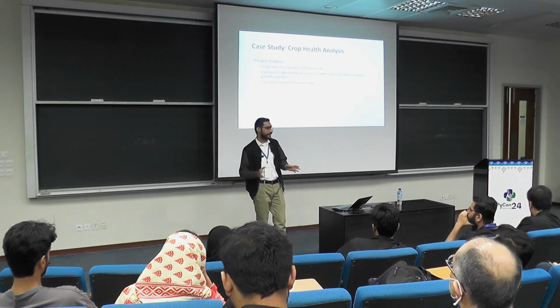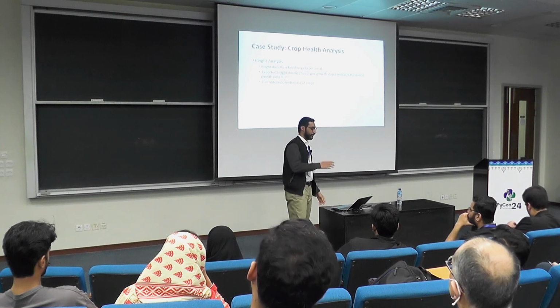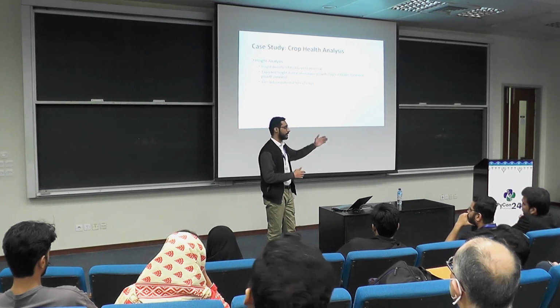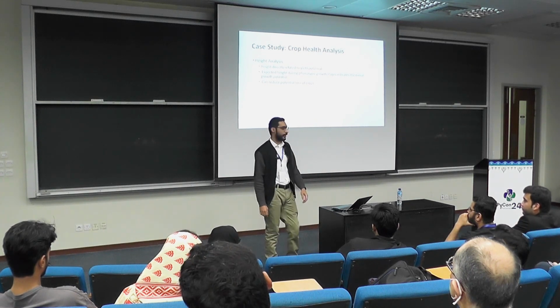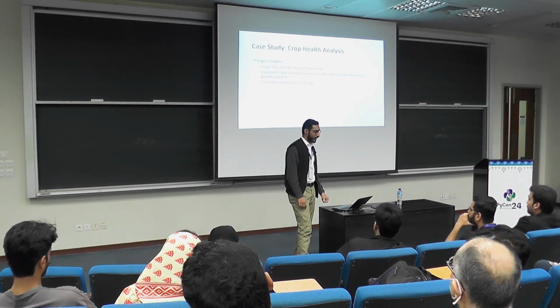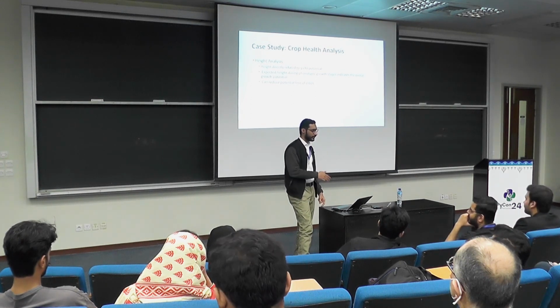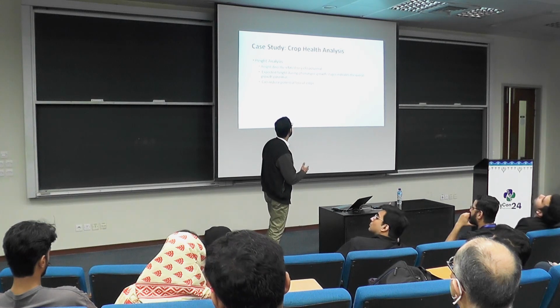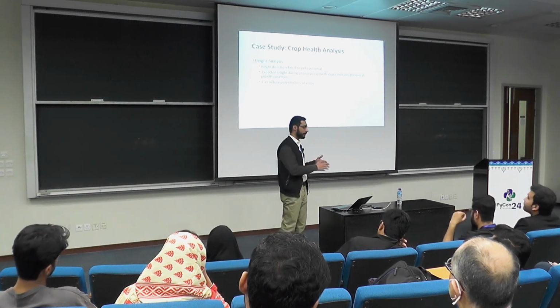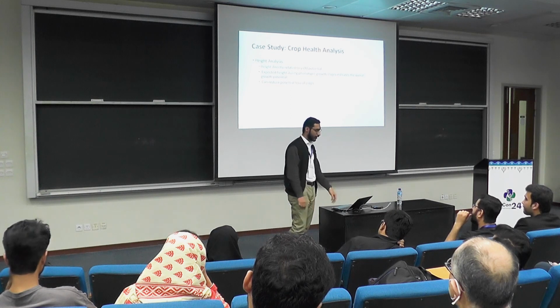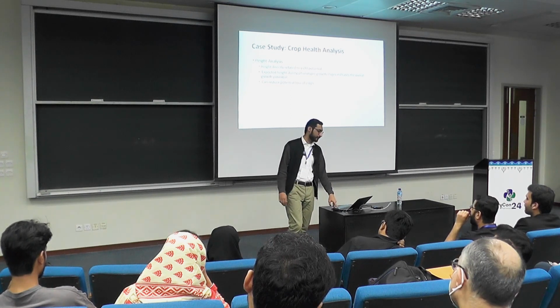It is not that precise, you could say, but we wanted to automate this crop health analysis for them. Because height correlates to the yield potential, in the next few slides we will see how we use 3D point clouds to analyze the height of crops.